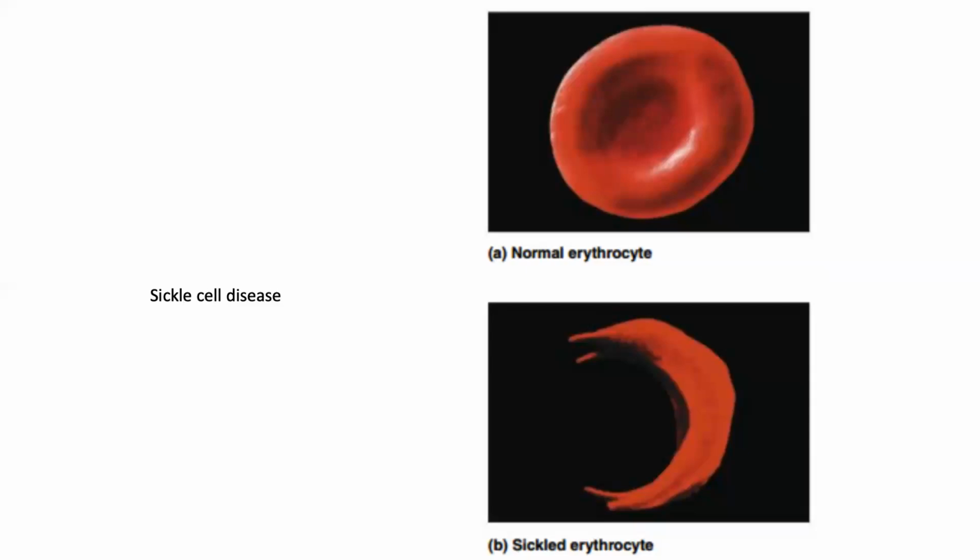So now we will talk about sickle cell disease, which is caused by abnormal hemoglobin of RBC.